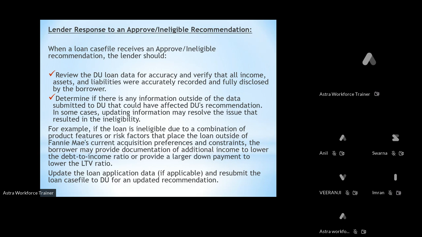If that is less, then the borrower needs to pay a larger deposit amount, that is the down payment amount. Then that will impact the borrower's stability as well as the future. That will be a risk factor for the lender. That's why it is approved ineligible.